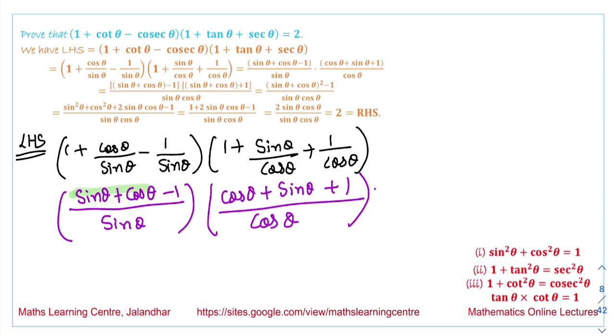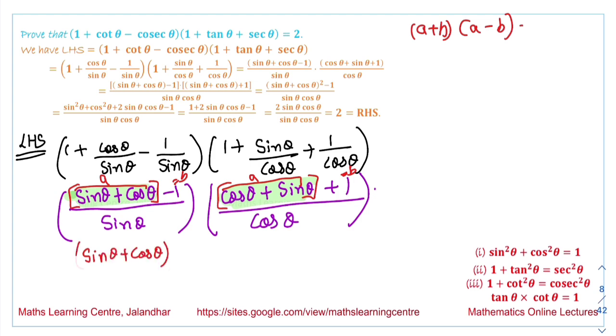Now look at these two terms: it is sin theta plus cos theta, sin theta plus cos theta. So we put both these terms in a bracket. Suppose we say this whole term is A, and 1 is equal to B. So what we have is (A plus B) into (A minus B), and that formula will be A square minus B square, that is (sin theta plus cos theta) whole square minus 1 square, over sin theta into cos theta.